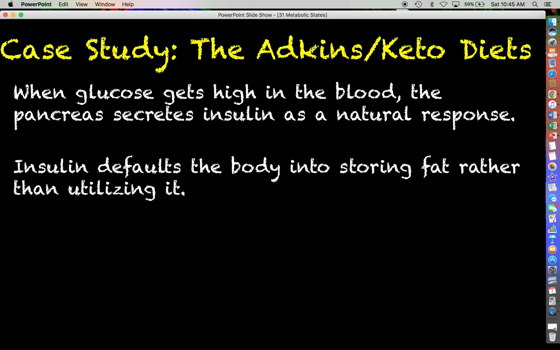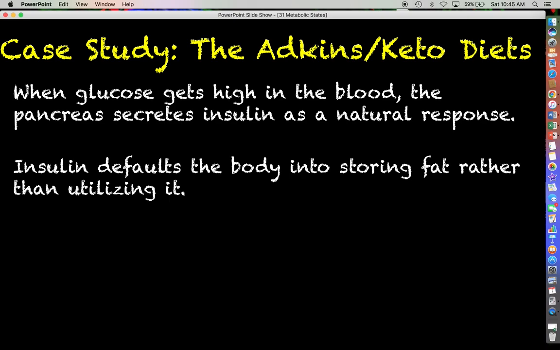What does utilizing fat look like? Well, utilizing fat would involve taking triglycerides and other fat-related molecules, hydrolyzing them into individual fatty acids, and then breaking down those fatty acids through the beta oxidation process to produce ATP. Okay, that's what utilizing fat would look like.